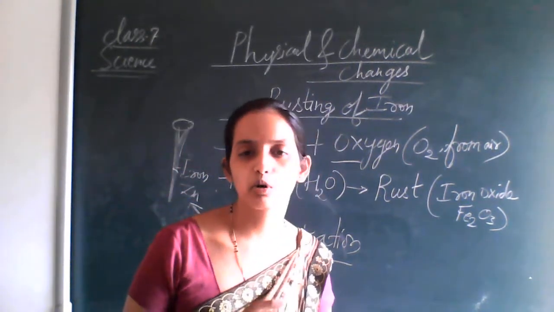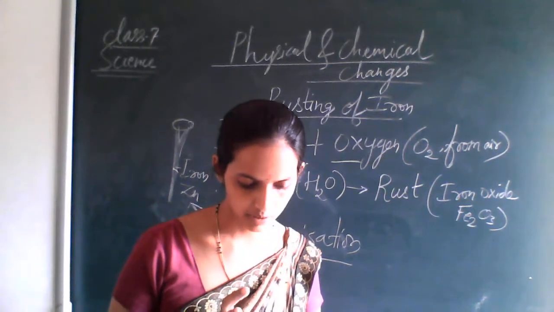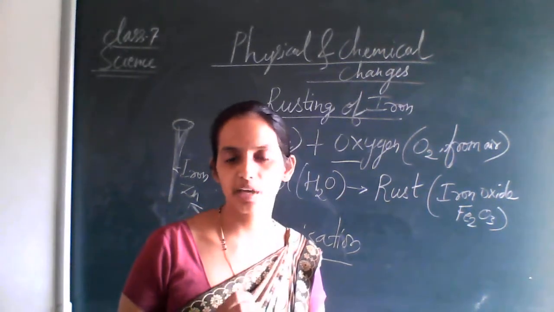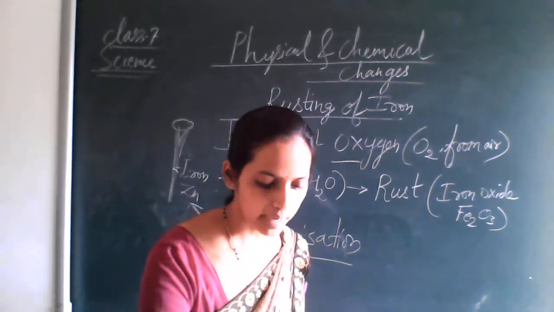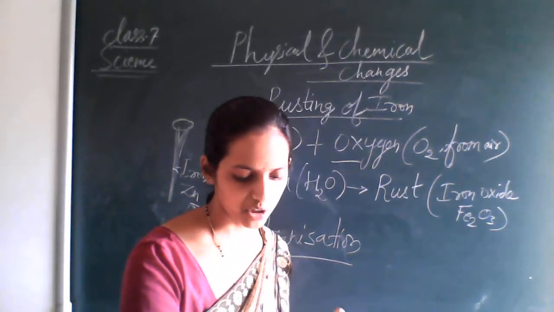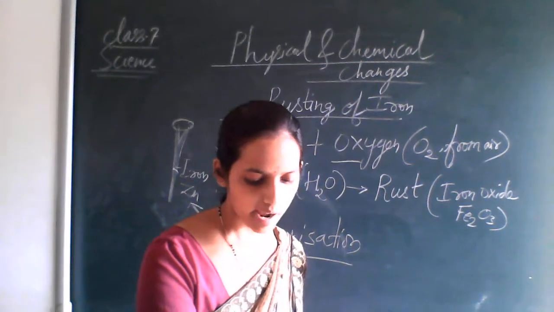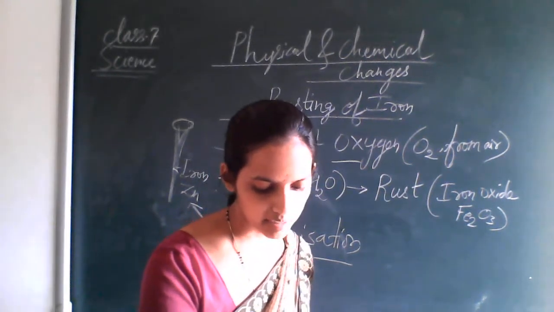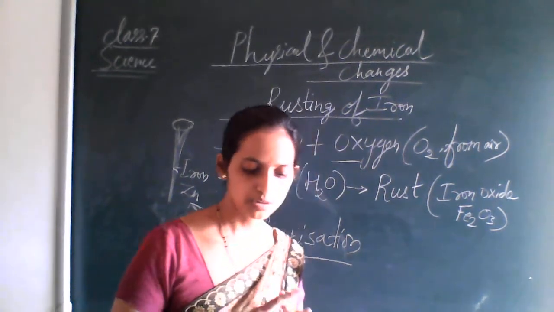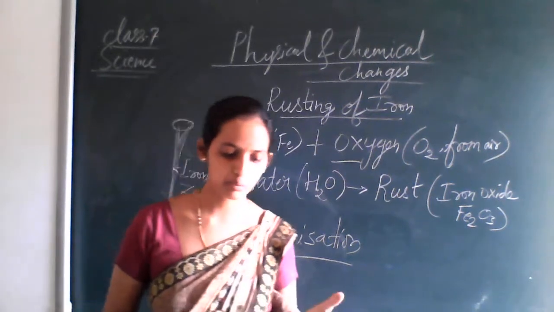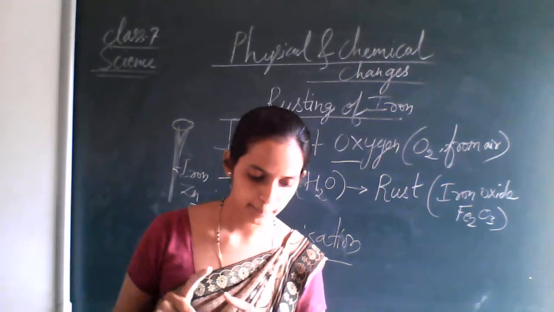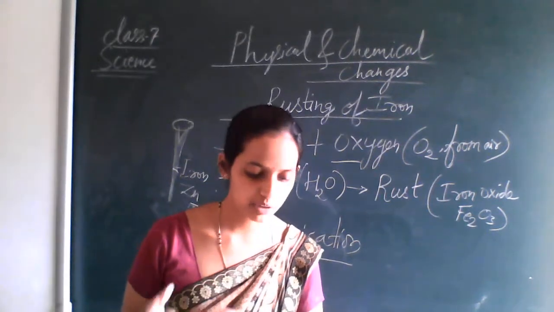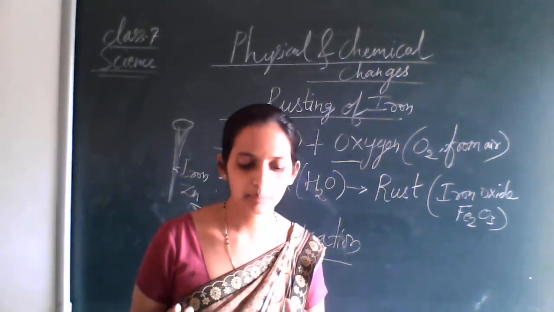And have you heard about stainless steel? Stainless steel articles we have, right? Those are made by mixing iron with carbon and metals like chromium, nickel and magnesium. So we are mixing iron with carbon, chromium, nickel, magnesium.